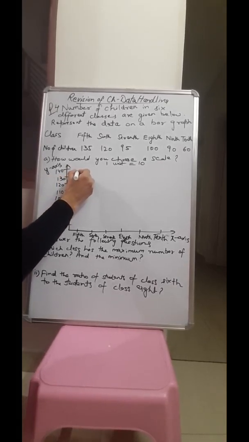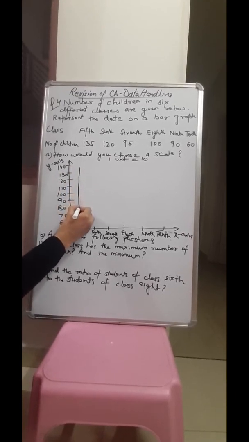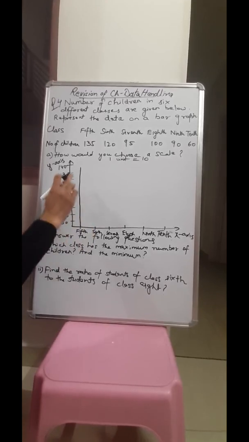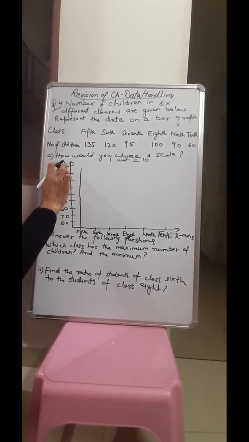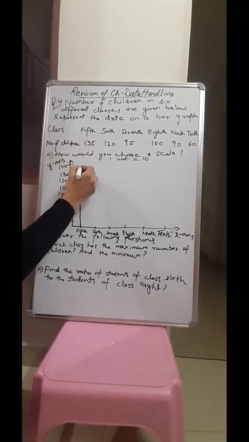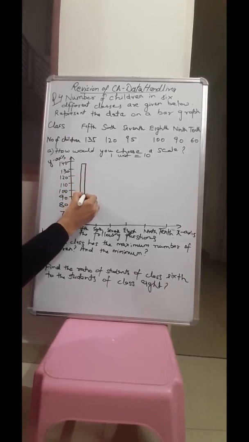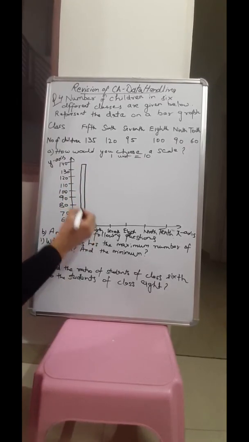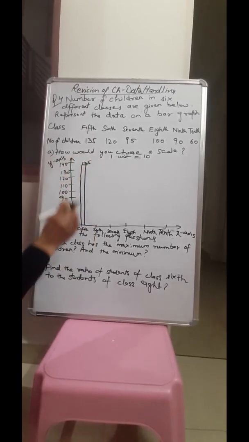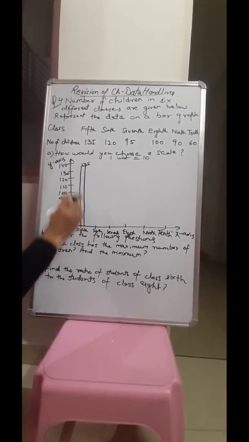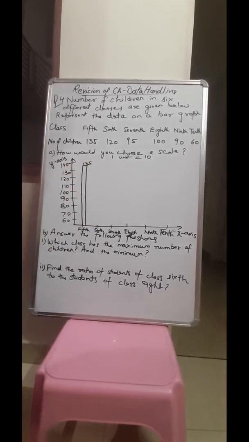So with the help of a scale, you are going to draw a bar up to a number between 130 and 140, that is 135. At the top you have to mention the height the bar is going up to, so here at the top you have to mention 135.